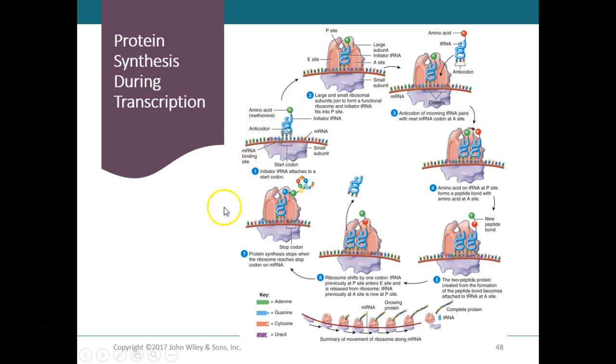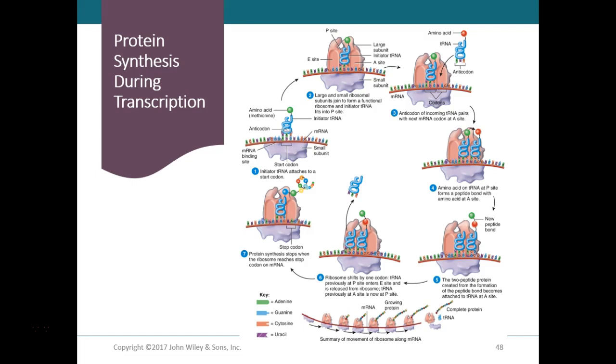There are different tRNA molecules with a different set of amino acids that code for all 20 of the different amino acids. So you may have a tRNA molecule that has UAG, and it has amino acid number 1. And then you may have a tRNA that has the nucleotide sequence of CCG, and that's going to have amino acid number 2.